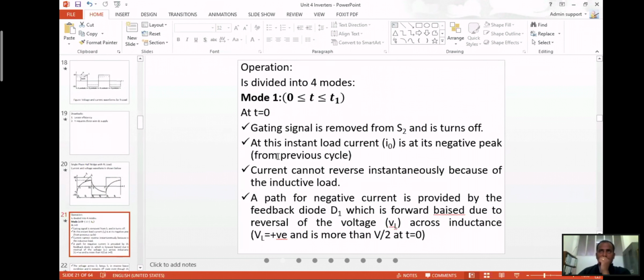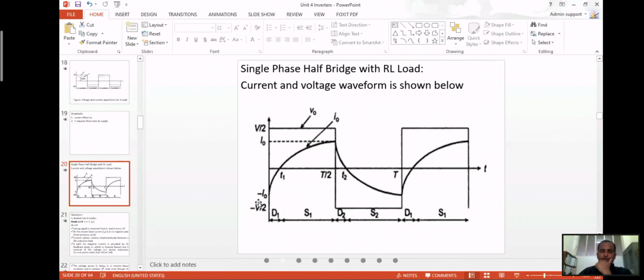At this instant, the load current is at its negative peak, minus I naught, when the gate signal of S2 is removed.